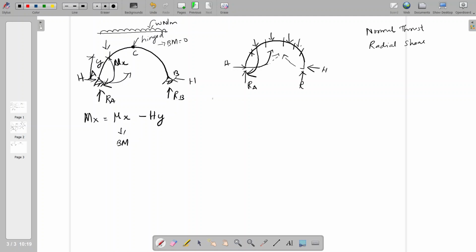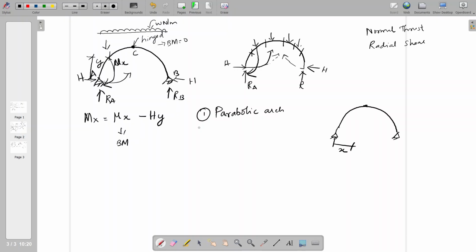Next, in parabolic arch, we are going to first analyze the parabolic arch. So consider the section at support level, and the section from the left support is x. The equation of parabola from the support level, because we will have a different equation of parabola from the crown level.